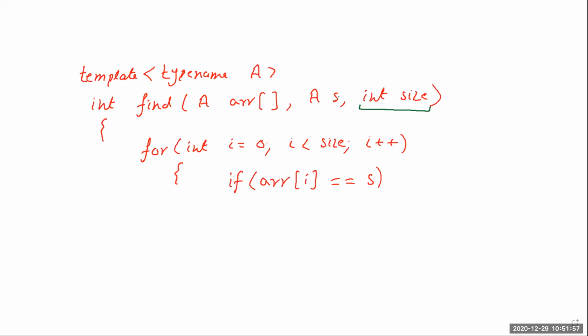What is s? The value that we passed. So we say return i. The for loop terminates here, and after it I am saying return -1. Now let's see what this function is doing.